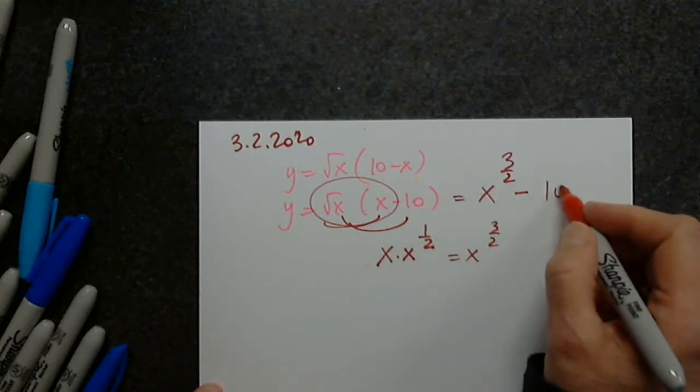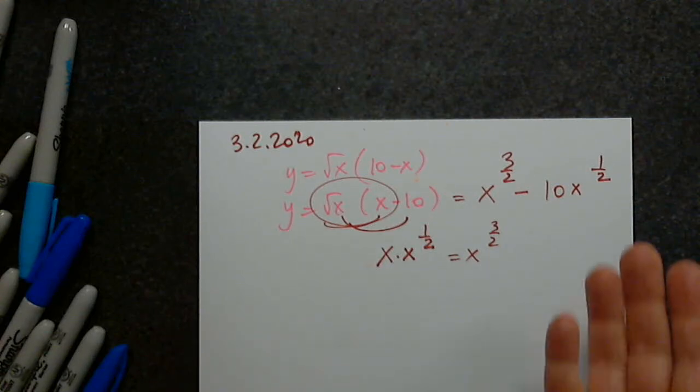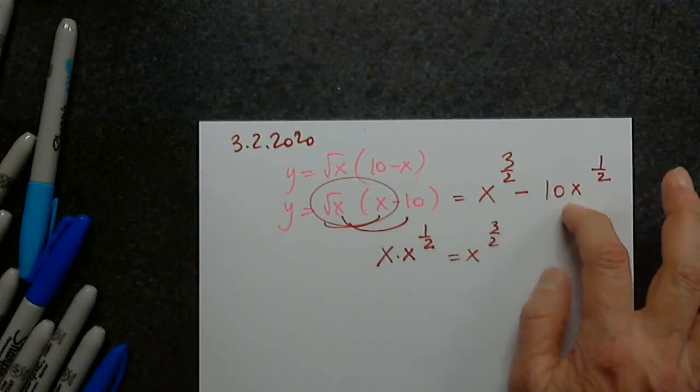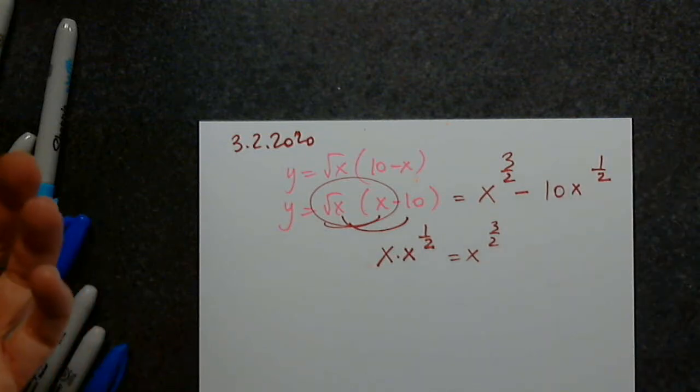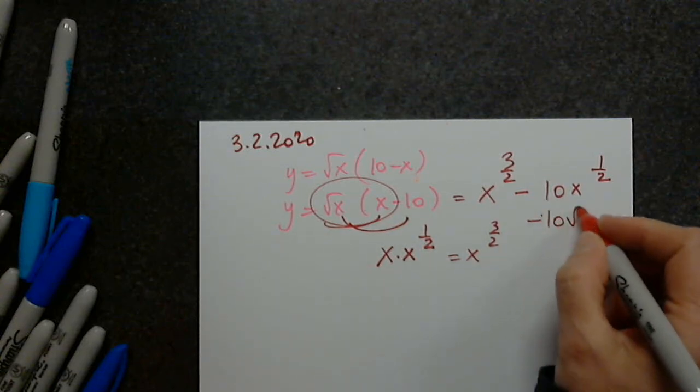And obviously minus 10 x to 1/2. There is no real need to change the square root, but this is easier like that. But here I don't really have to change 10 square root of x to x to 1/2, because I know the square root of x prime is 1/2 the square root of x, so there is really no need. So you can keep it like this.